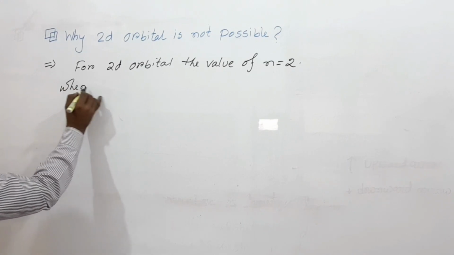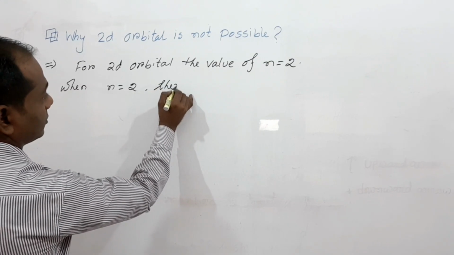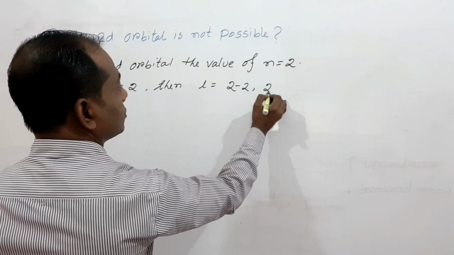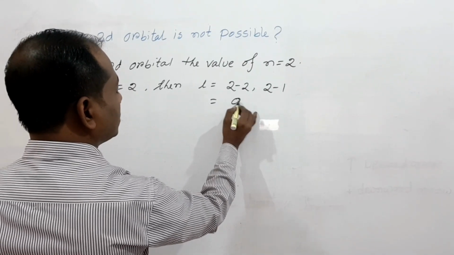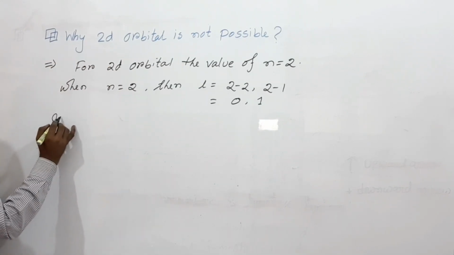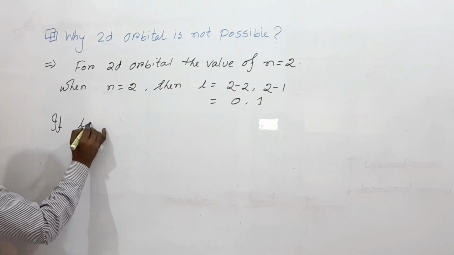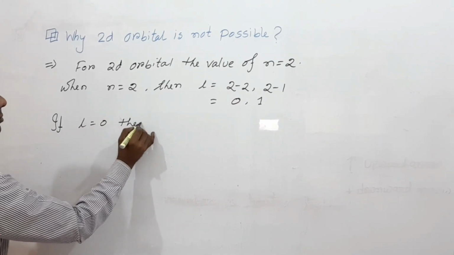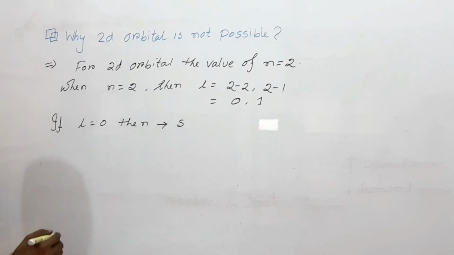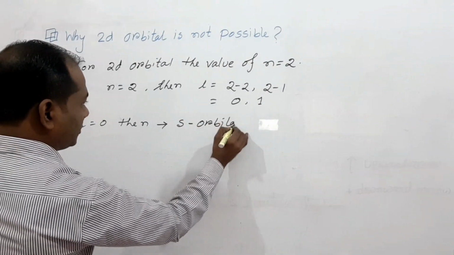Now, when n equal to 2, then L equal to 2 minus 2, 2 minus 1, that means 0 and 1. Again, if L equal to 0, then we get only S orbital.